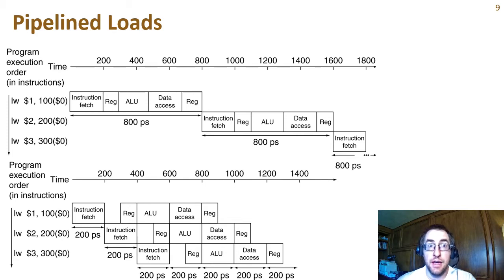In order to do that, we have to make every stage the same length. So now we're adding some holes here because we had 100 picoseconds for register read and 100 picoseconds for register write. So now register reading is going to happen in the second half of the processor cycle, and register writing happens in the first half of the processor cycle time.